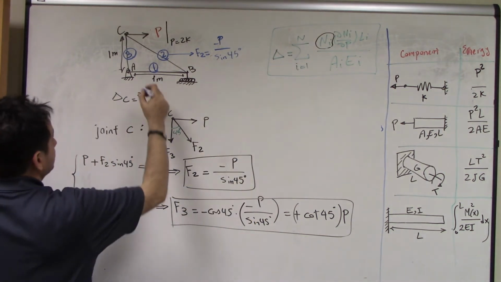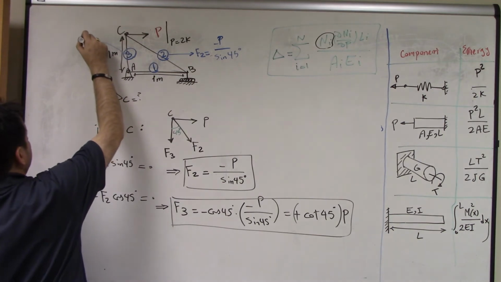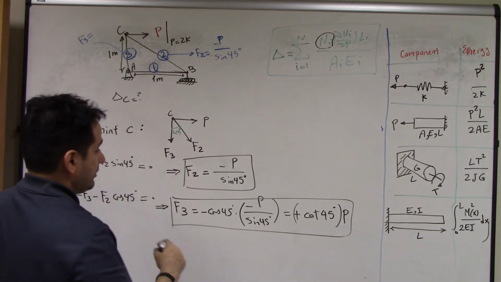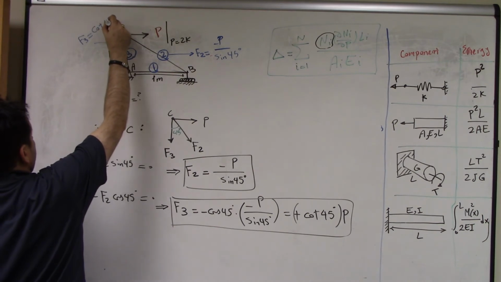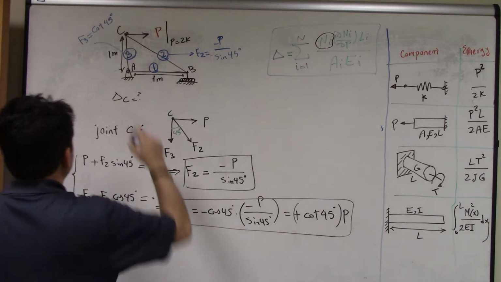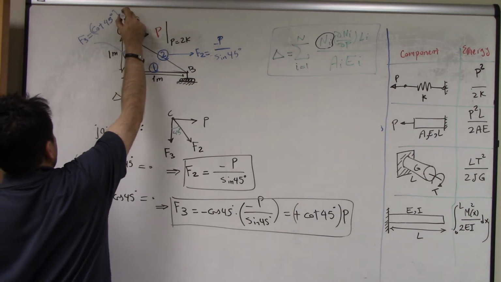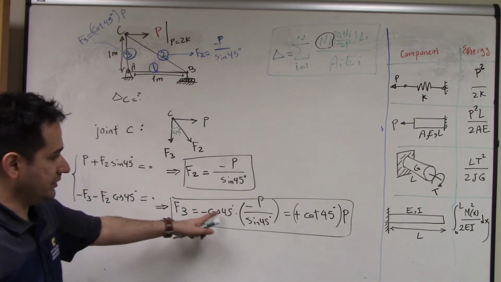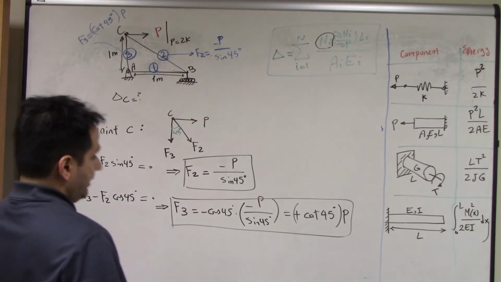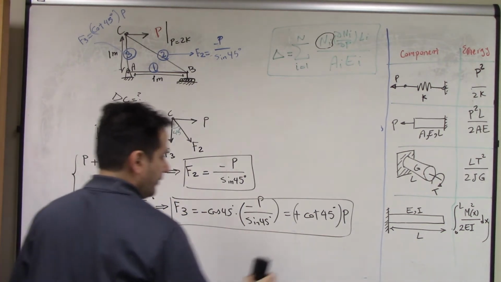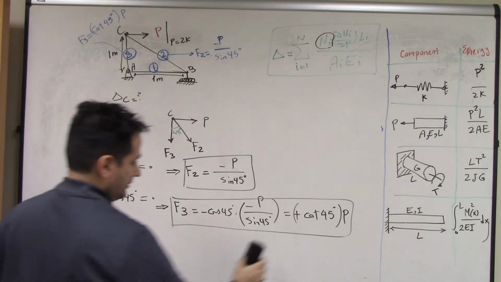And F3 is positive cotangent 45 degrees times P. Cosine divided by sine is cotangent, right? So we have these. Now all we need to find is F1.